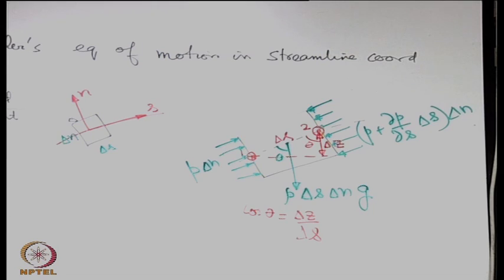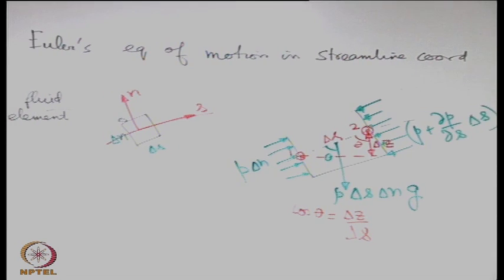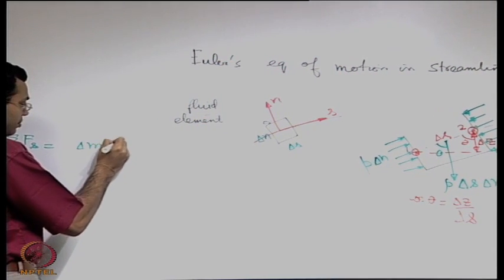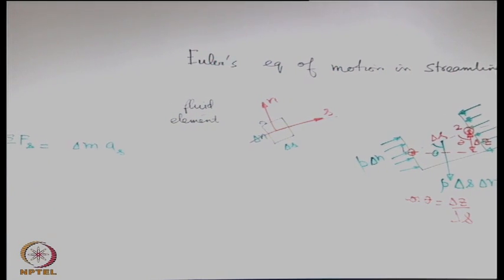Now we can write the Newton's second law of motion for the fluid element, because we have identified all the forces which are having some components along the s direction. So resultant force along s should be the mass of the fluid element times acceleration along s. Let us simplify this.